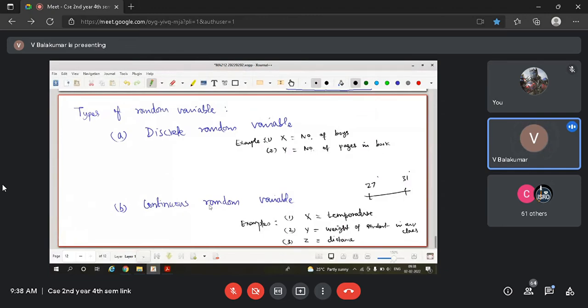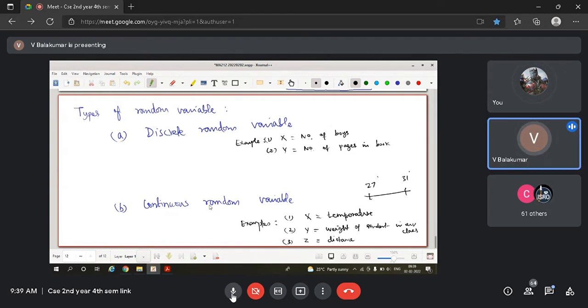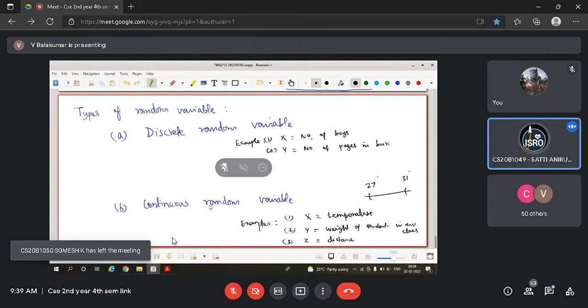Distance from. How do I modify this example? This idea is okay. If you consider distance, it cannot be discrete. So what should I do? Delhi to Bangalore. If you fix that, then again anybody can compute. Sir, distance between movable objects like vehicles. Distance between movable objects.